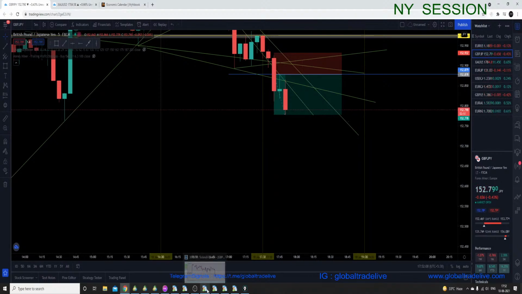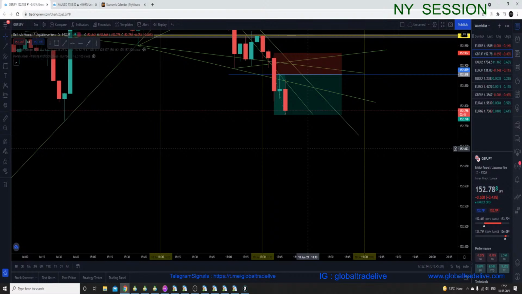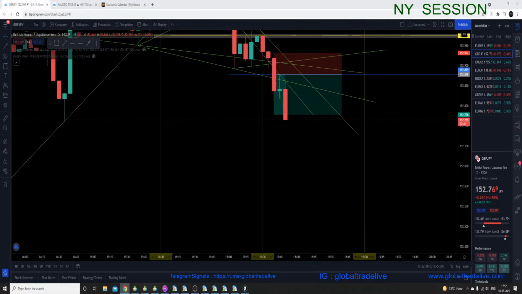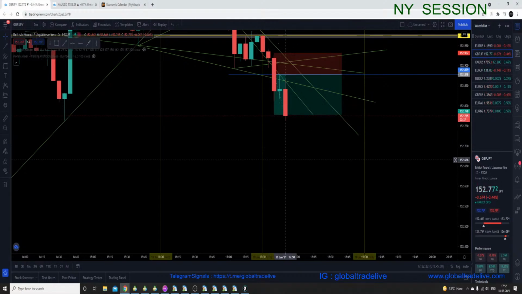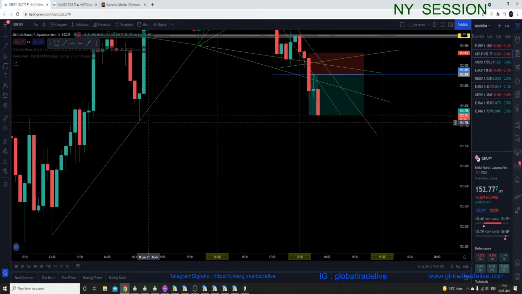We just need a little bit more push. Yeah, it's coming down. So once this candle breaks this low over here, again we will be having some volume and push down.